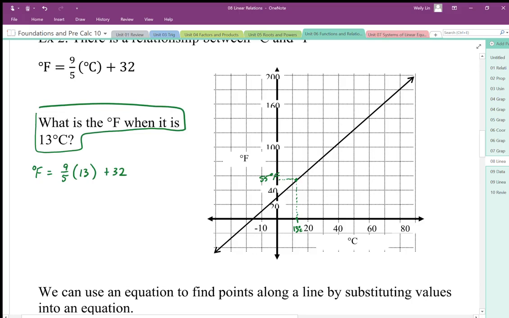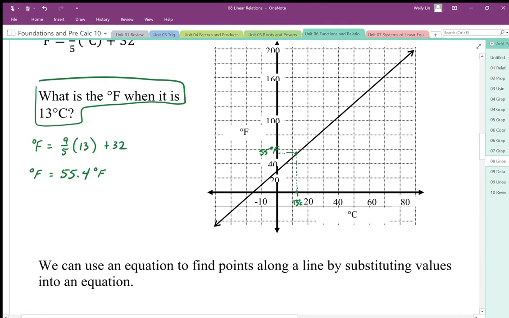So plugging this into my calculator, 9 times 13 divided by 5 plus 32 gives me the degrees Fahrenheit. It's pretty close, as our graph was pretty close. It's 55.4 degrees Fahrenheit. Okay, so that's what I calculated using the equation. And again, it's consistent with the graph.